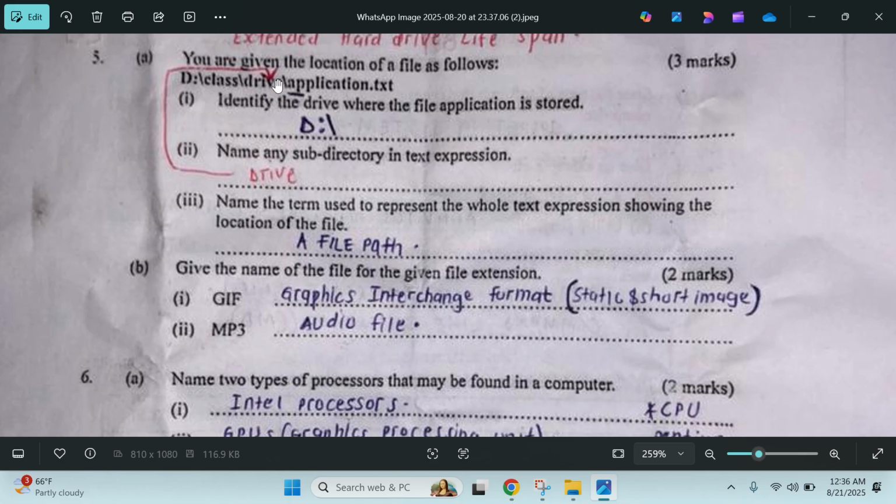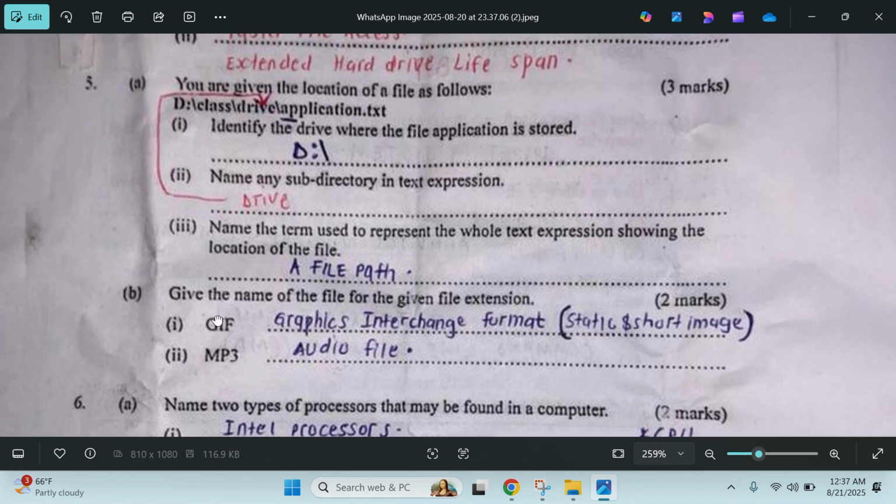It's a file, and drive is a folder within class. So drive qualifies to be a subdirectory. Part 3 of the same question is name the term used to represent the whole text expression showing the location of the file. So that is a file path as I head to part B of number 5.